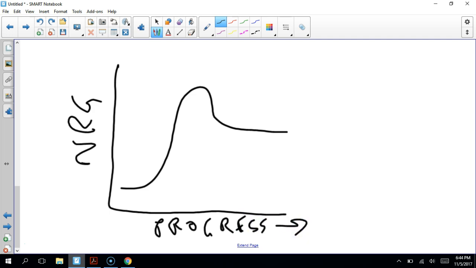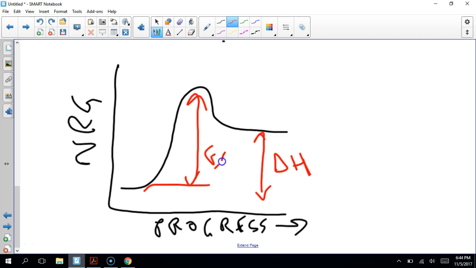And so remember, we can label this with things like, this is the energy of the reaction, the enthalpy, so that's delta H. From here to here is the activation energy. We know that it's one step. Okay, so those are all the types of graphs.